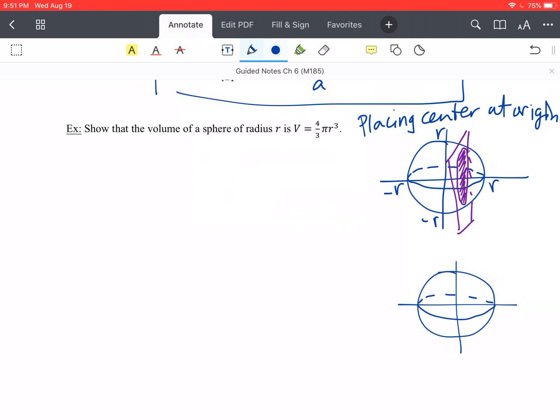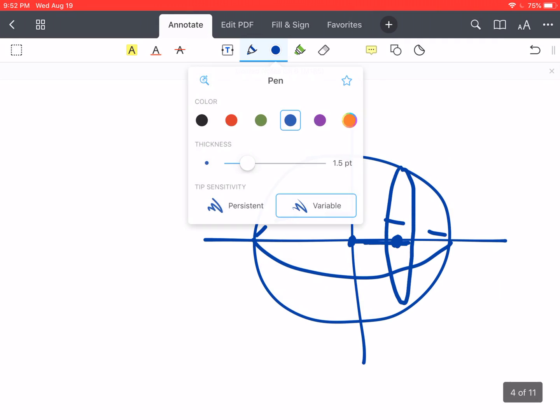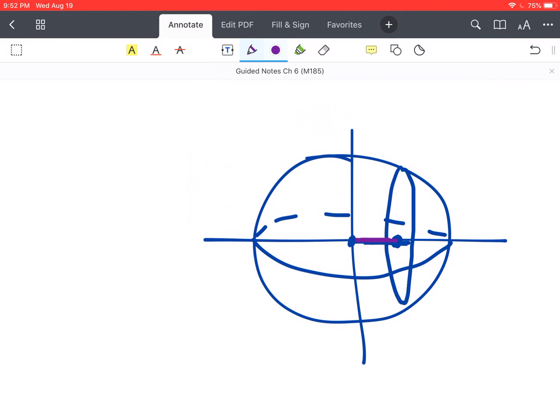But when it comes to the circle, let me draw the circle right here. So that's the circle that we've cut out. And our distance from the center to the center of that circle, whatever it is, that length is what we're going to call x.